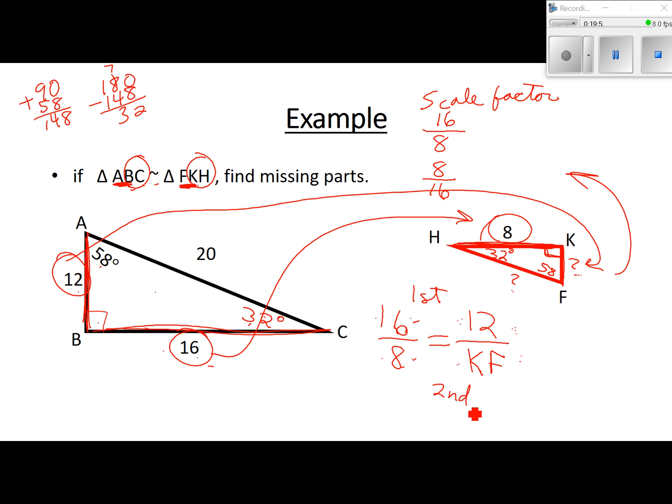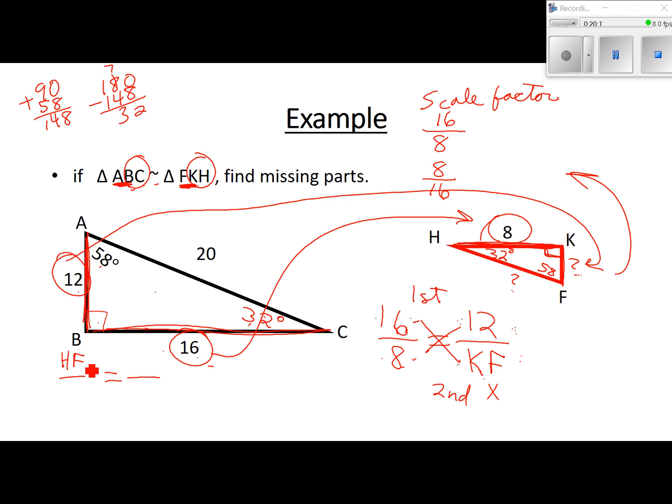And what I could do here is I could cross multiply, and I could solve for KF. You might not want to write KF in there, you might want to put in a variable X, Y, Z, whatever. If I set up another proportion, if I was trying to find HF over there. So let's say I started with HF, I put it right here because that's what I want to find.